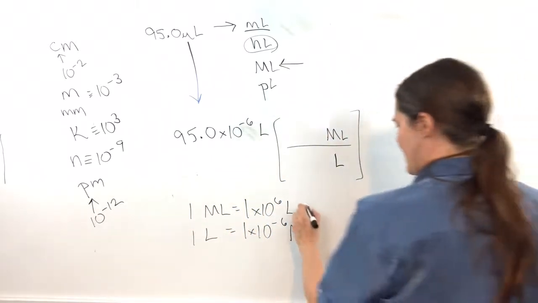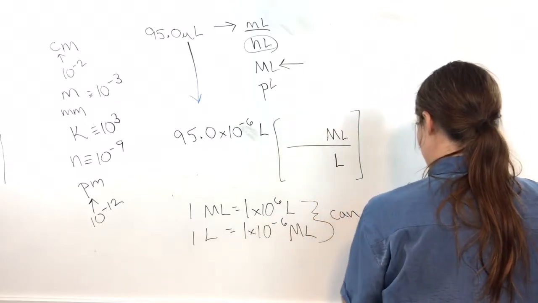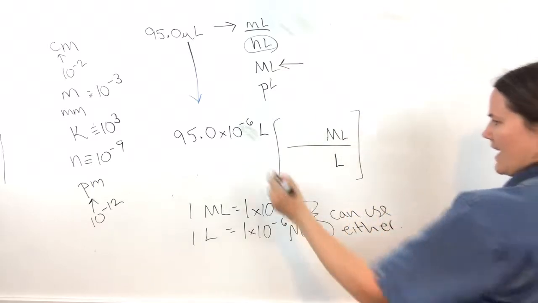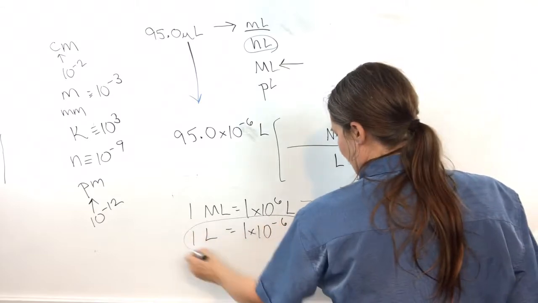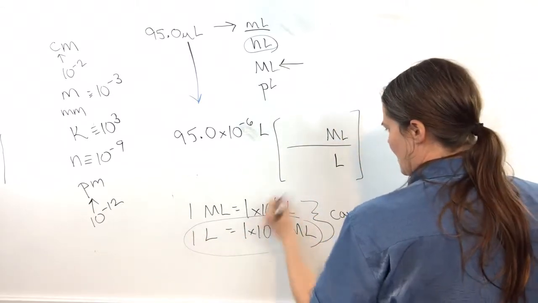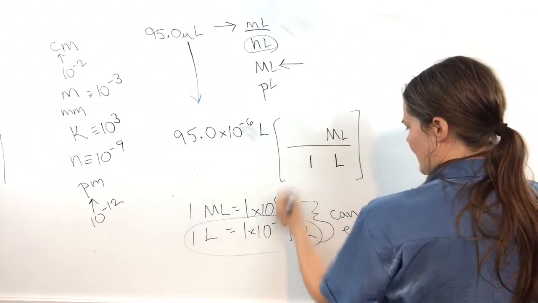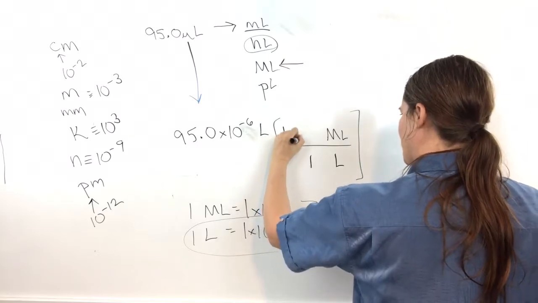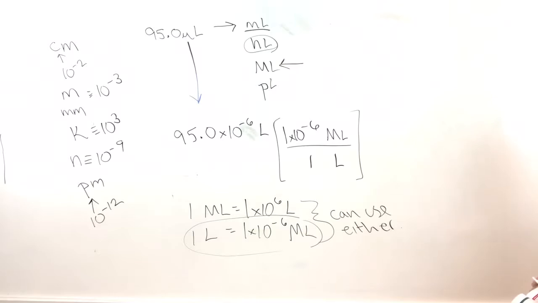And once again, I could use either conversion. So I'm going to specify that. Can use either. So I'm going to use this one. So I have liters on the bottom. So I want 1 liter, and then I want the megaliters on the top. So 1 liter is equal to 1 times 10 to the negative 6 megaliters.